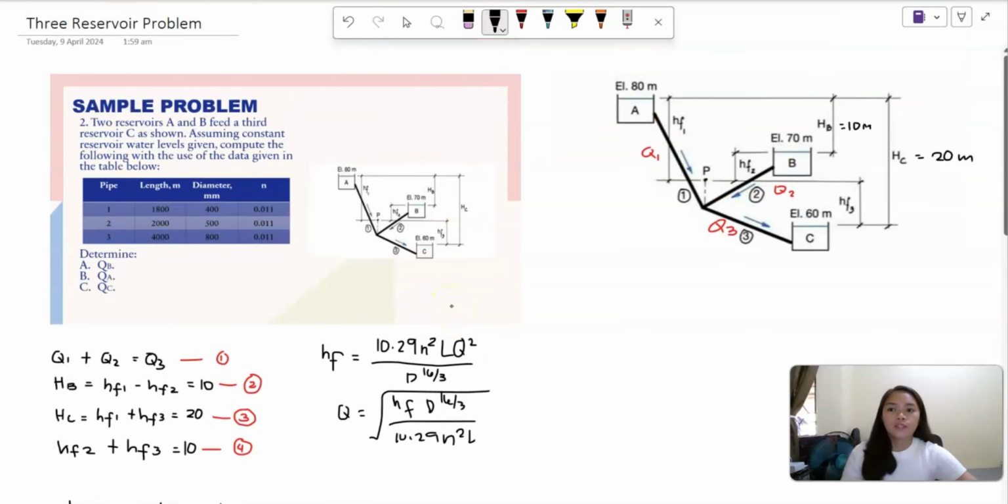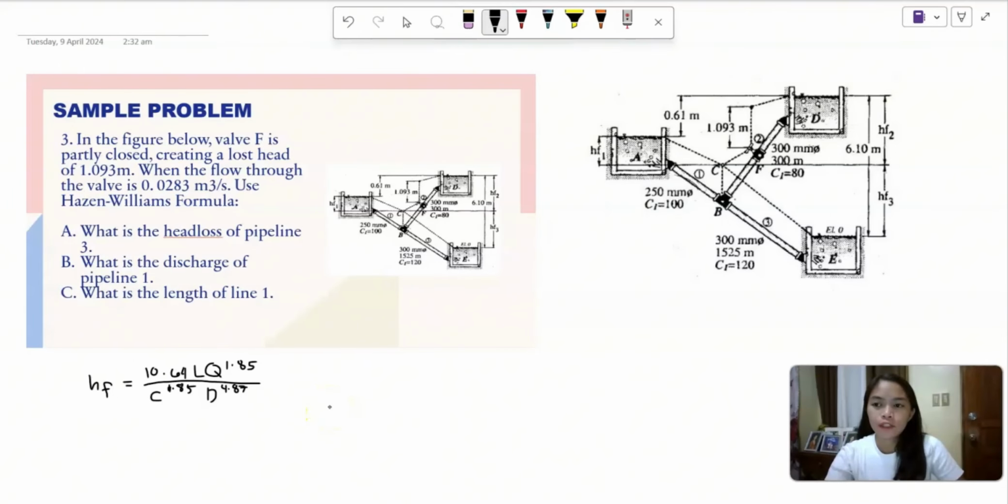So we already got the answers. Now, let's move on to the last example. So for the last example of 3 reservoir problems, in the figure below, valve F is partly closed, creating a head loss of 1.093 meters.